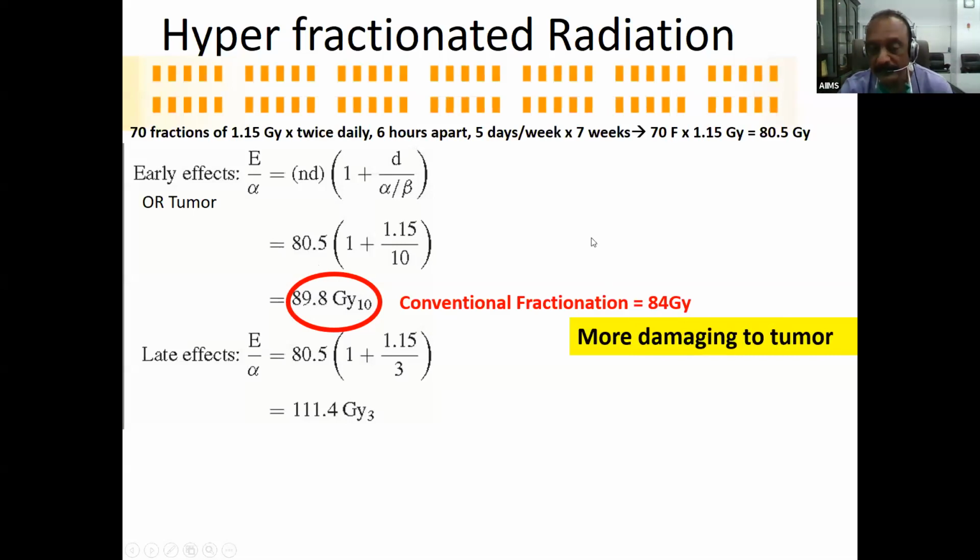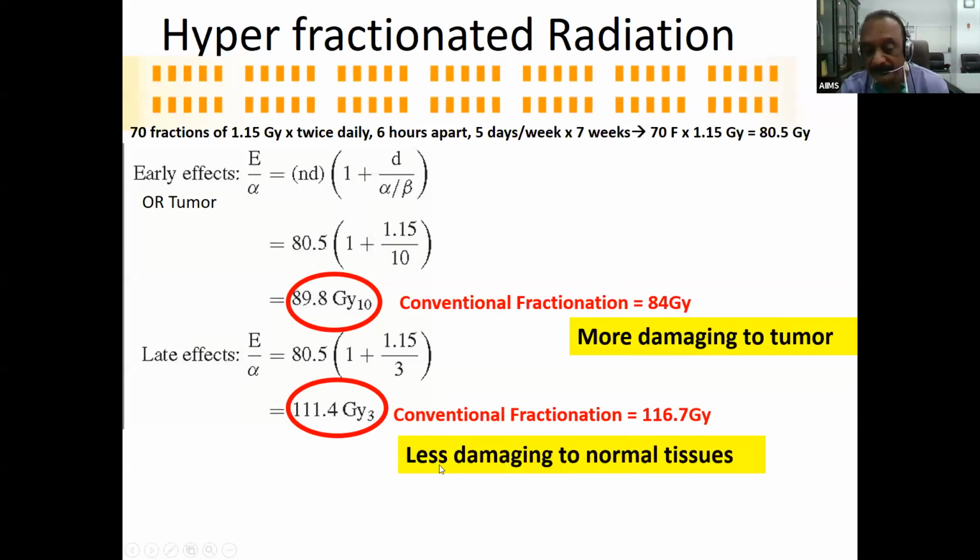So that is what I am predicting from the linear quadratic model. Now late effect, again putting in these values, alpha beta now 3, it comes out to be 111.4. And if you remember with conventional radiotherapy, it was 116.7, which means that hyperfractionated radiotherapy will be less damaging to late reaction or to normal tissue.